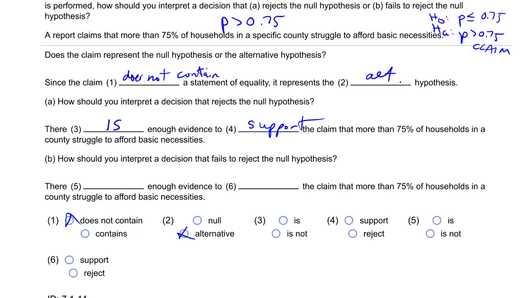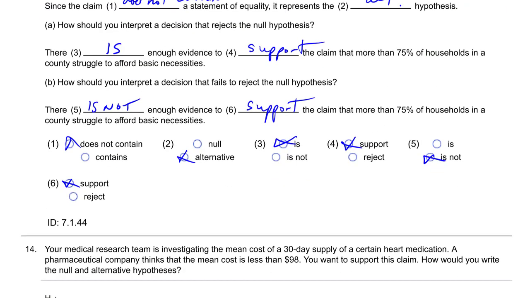If I failed to reject, I wouldn't get to the claim, so there is not enough evidence to support the claim. Our claim was in the alternative, so we can only do support here.